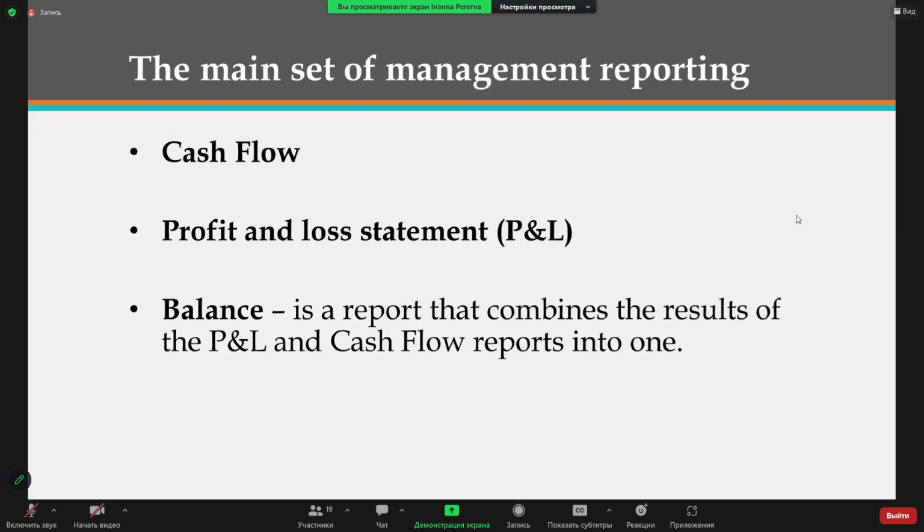Also, with the help of the cash flow report, you can find out how much the company is ready to generate to support current activities. And also, for example, how much money we need as a credit or as investment.